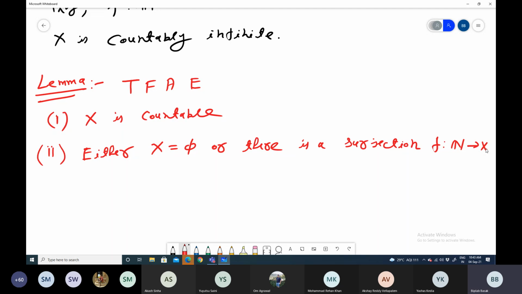So that means if you want to prove that a set X is countable, then it is sufficient to find a surjective function from the natural numbers to X.